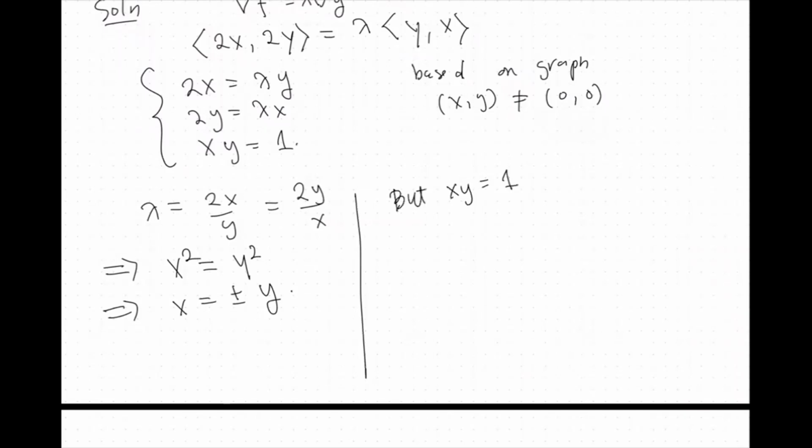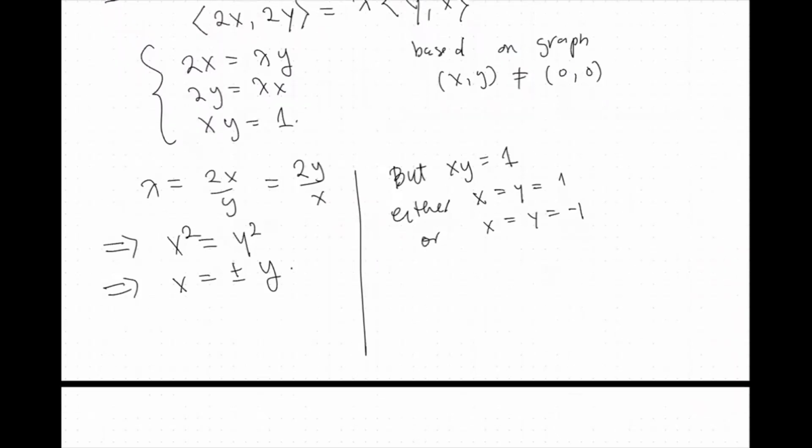So here, what do we get? If x times y is equal to 1, then either x equal to y equal to 1, or x equal to y equal to -1.